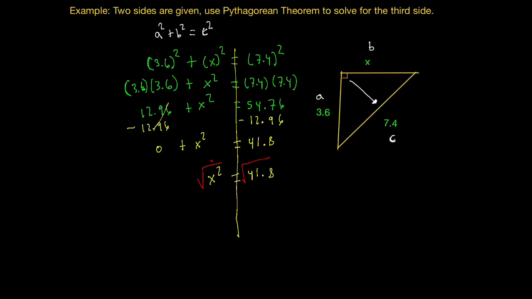Square and square root cancel out. So we get x equal to the square root of 41.8. And if you use a calculator, you're going to have to approximate, and rounding to the nearest tenth, we're going to get 6.47. And actually I made a little typo, it's to the nearest hundredth, 6.47.